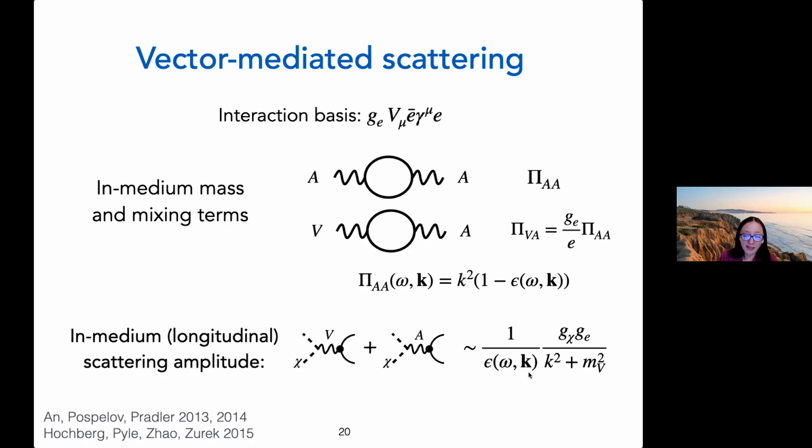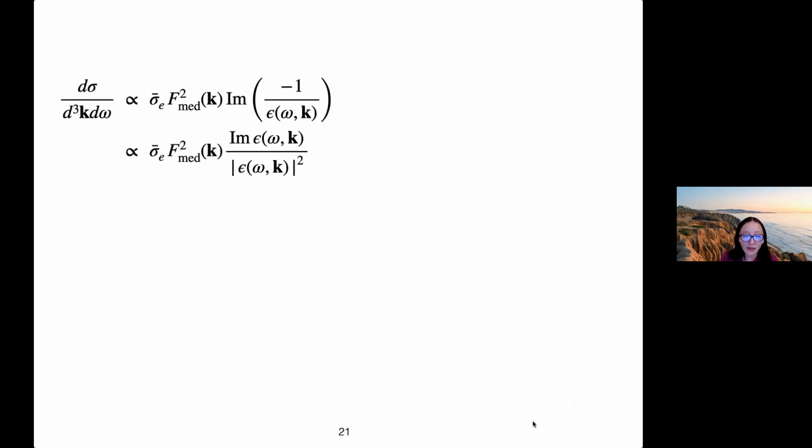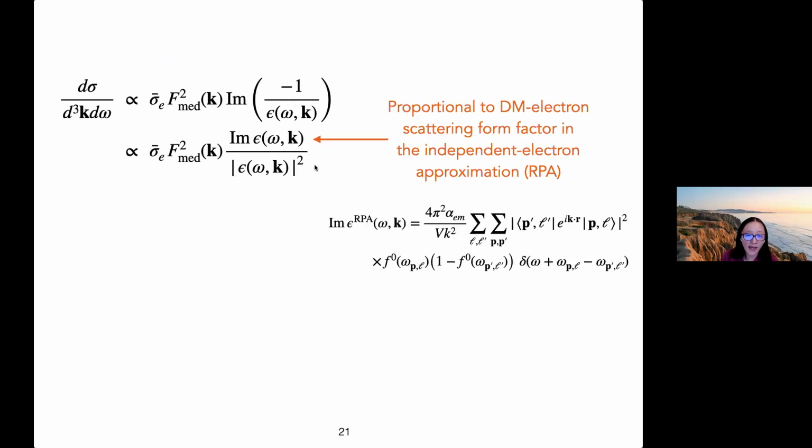Okay, so indeed, this effect was recognized as something that should be there. And here's how it shows up in the cross-section that I just showed. This was the cross-section formula that you can derive. If you rewrite this in terms of imaginary epsilon on top and 1/epsilon squared on the bottom, then the top part is exactly proportional to the form factor, or basically the matrix element squared, I showed early on.